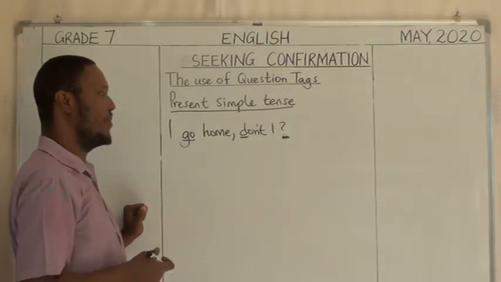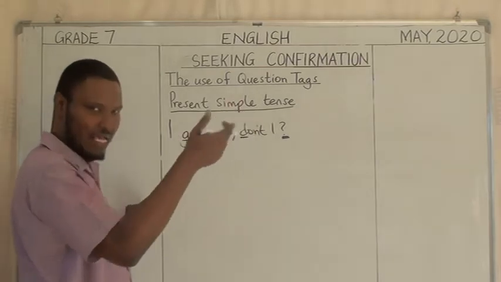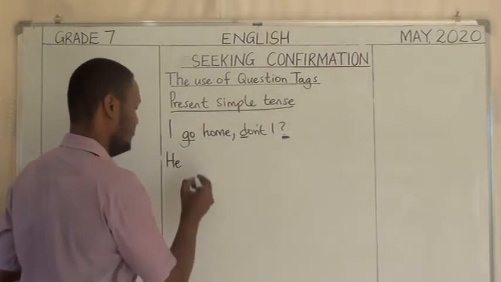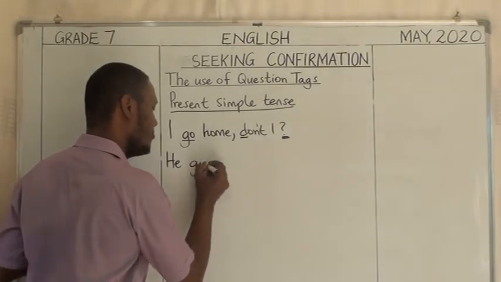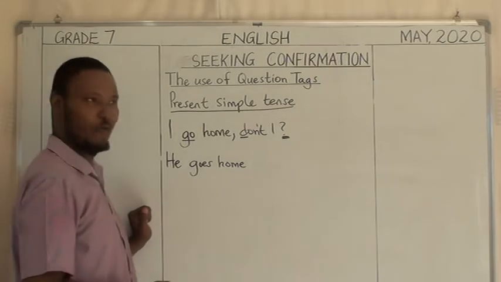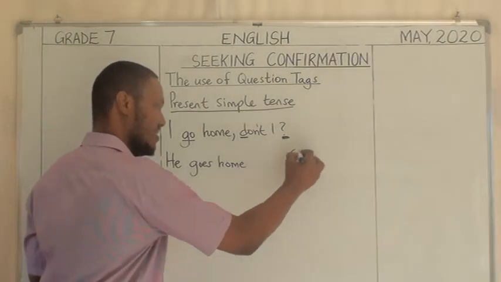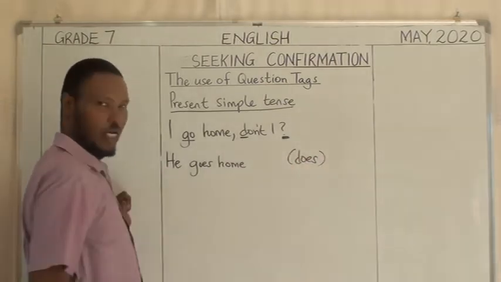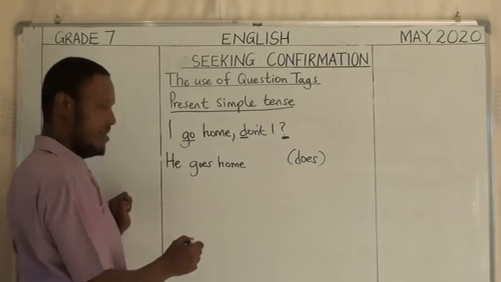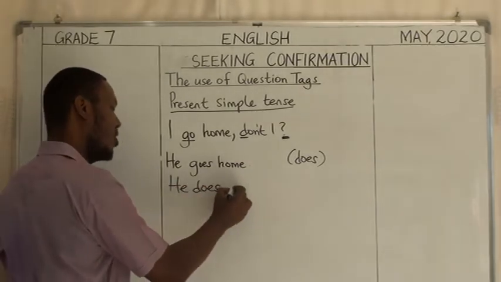Another sentence in the present simple tense that uses the form of do, that is does. You can say, he goes home. What is the question tag? So this one, we use does. Because when you use does, this sentence is going to be, he does go home.